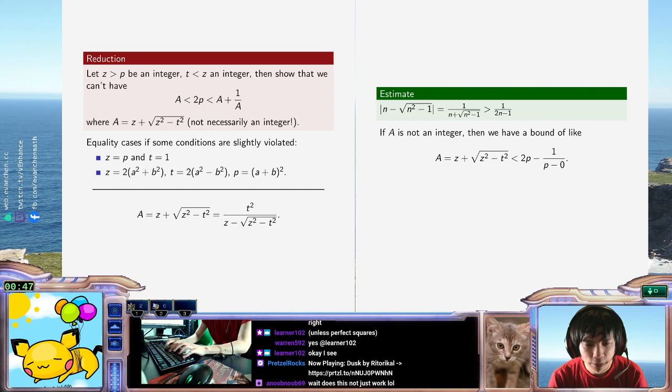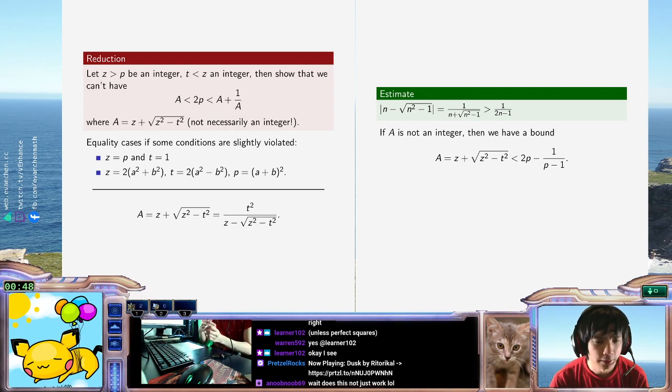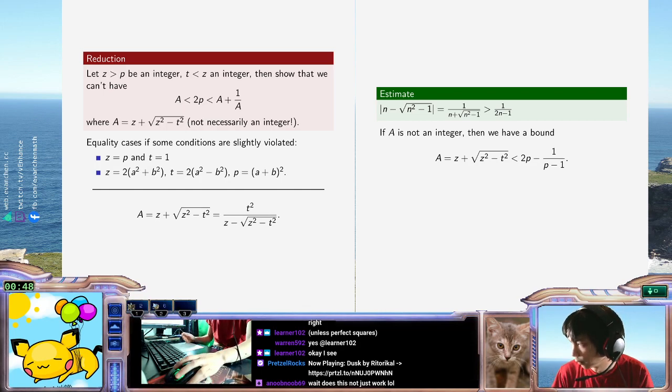Then we have a bound. Because the square root bit is at most the thing I wrote, modulo a factor of 2.